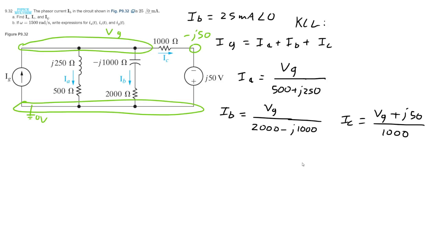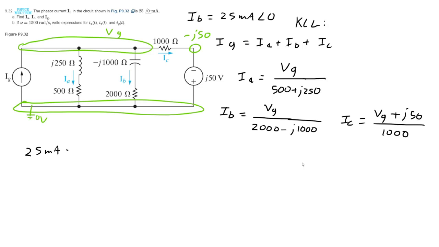Okay, so I went ahead and calculated all this with my calculator. Since we're given IB, we can go ahead and plug that in. IB is 25 milliamps.